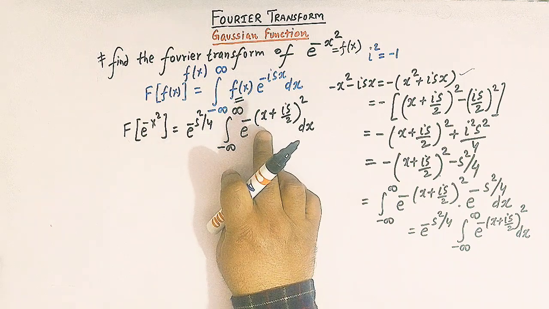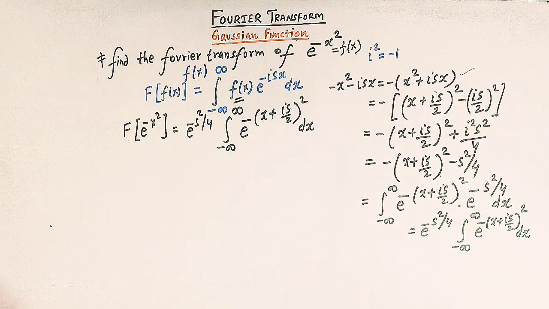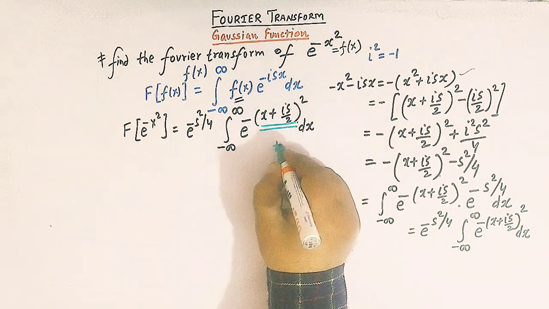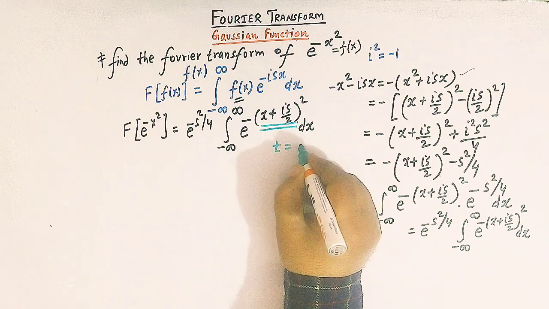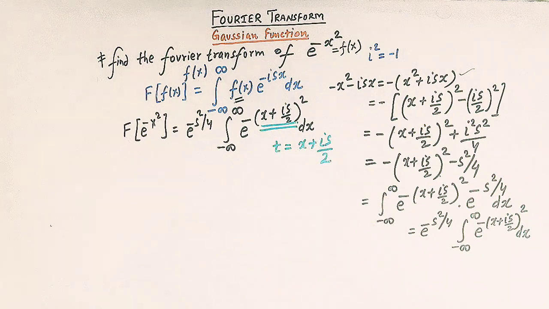Now to evaluate this integral, we have to make use of the method of substitution. So we'll write this term as t, right? So we'll take t is equal to x plus is over 2.